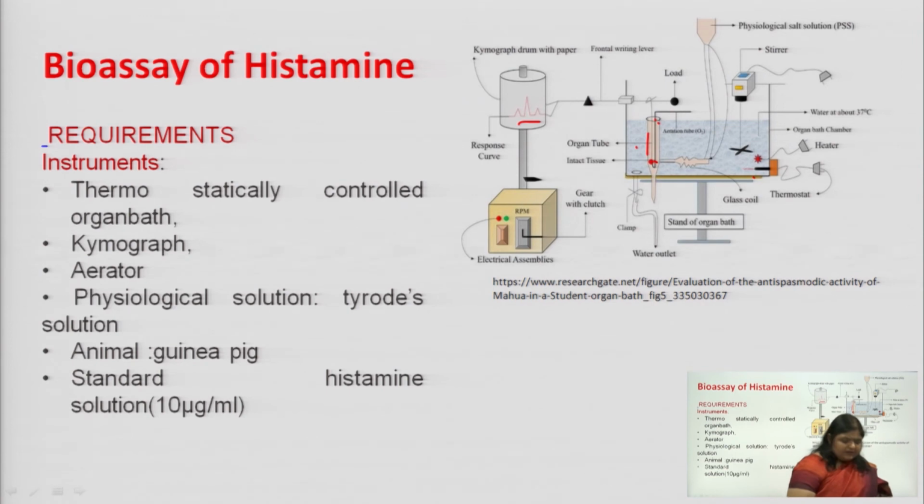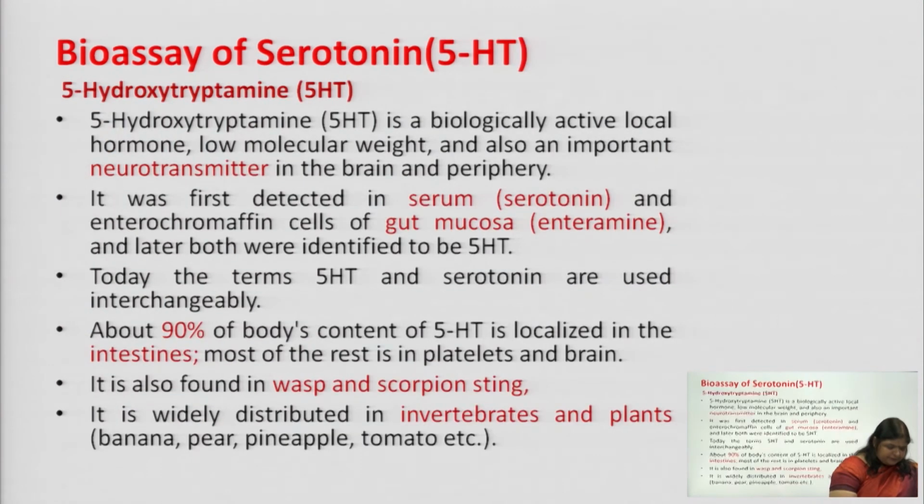And this response could be by bracketing, by any of the methods you can perform this bioassay. And the physiological solution which we use here is the Tyrode solution. And the standard solution we use for guinea pig ileum is 10 microgram per ml solution.